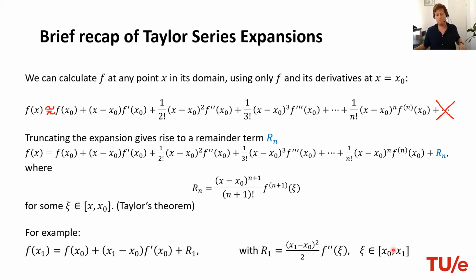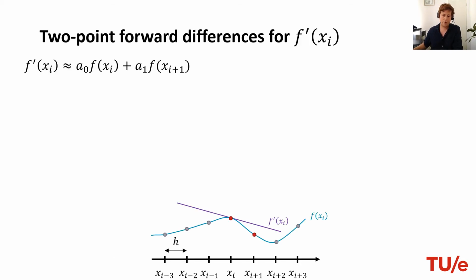Now it might seem that this is somehow unrelated to what we've been doing before in the context of approximating derivatives, but this will become clear in very short time. So let's take a look at a 2-point forward difference scheme for the first derivative, f prime of xi.